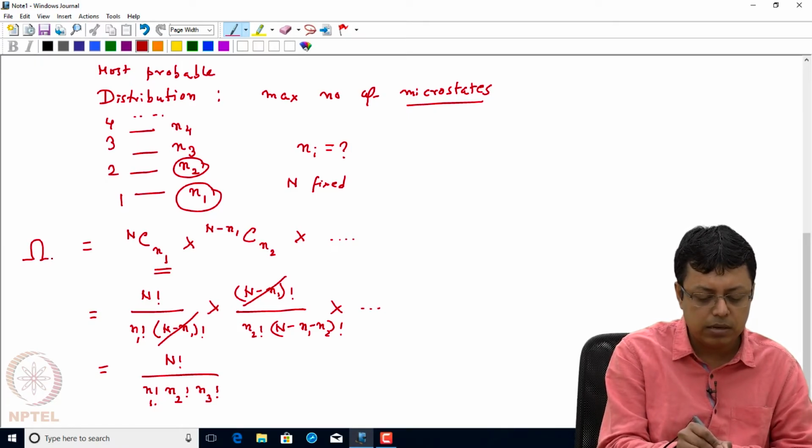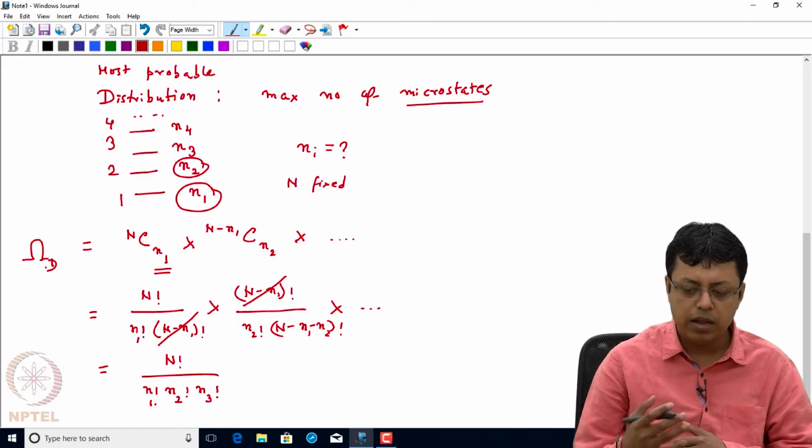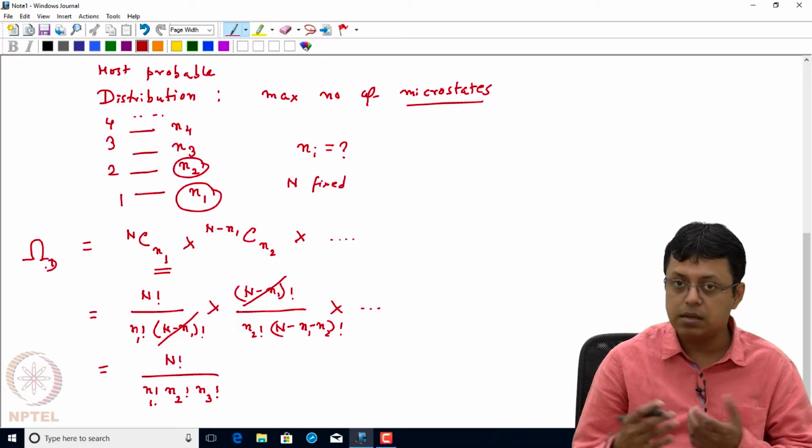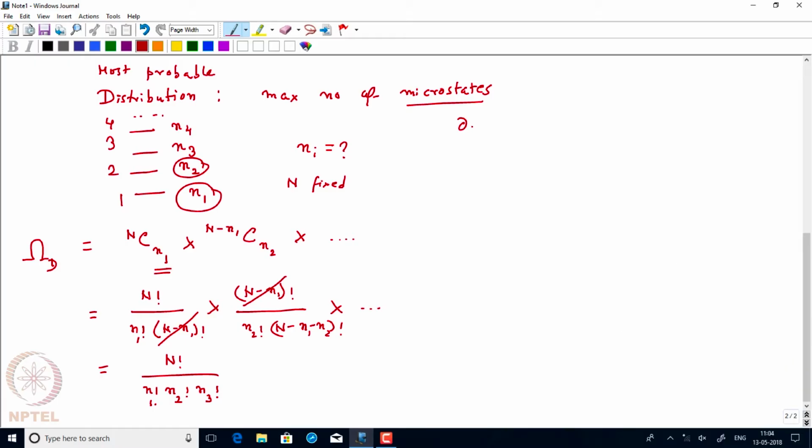If I call it sigma d, where d is a general distribution, then the way you derive it is that you will maximize this number. But instead of taking the differential of sigma d with respect to Ni and making that zero, we take the logarithm of the distribution function and make that zero.